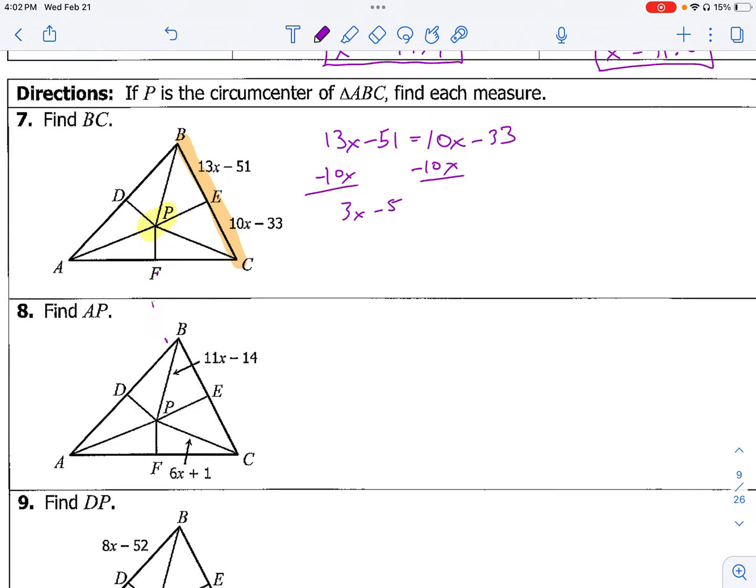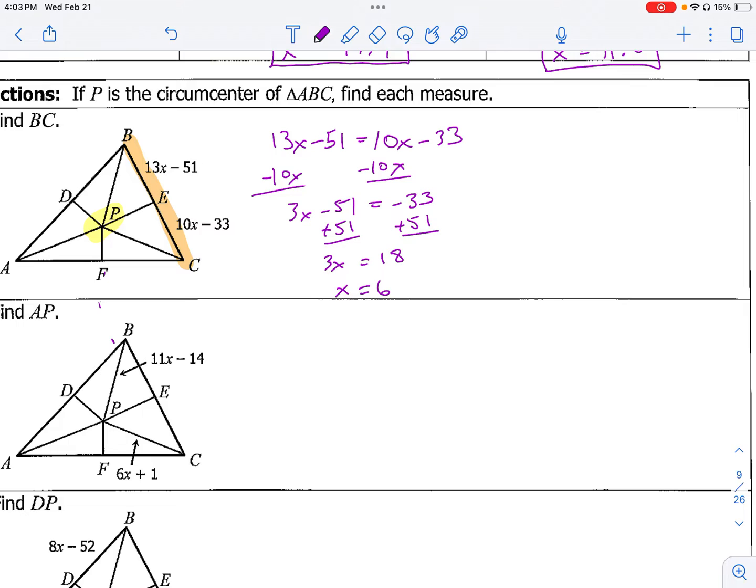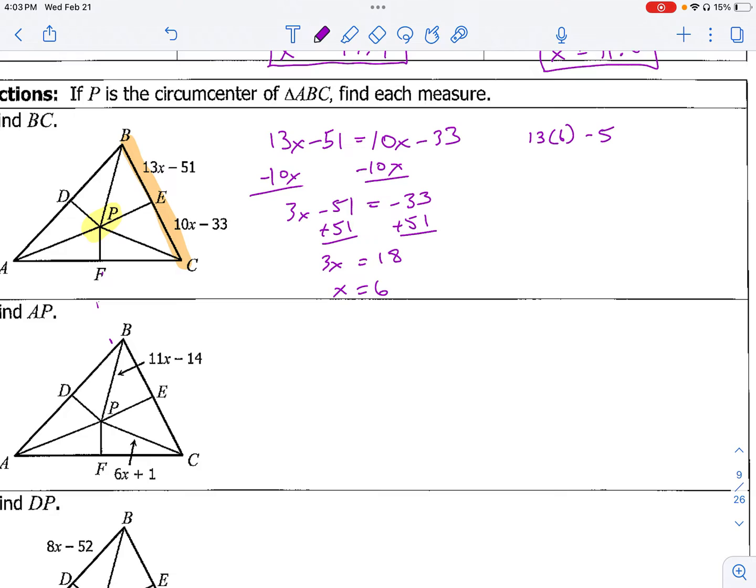We get 3x minus 51 equals negative 33. And then we get 3x equals 18. X equals 6. Now we need the whole thing, so we're going to plug it in. And I'm going to plug it in twice just to verify that we did it right. 13 times 6 minus 51.